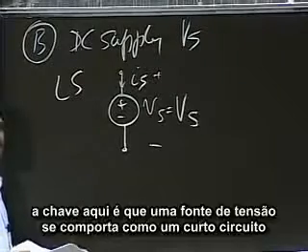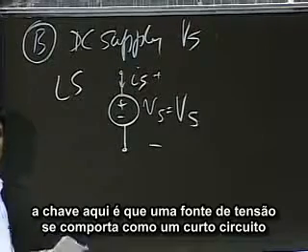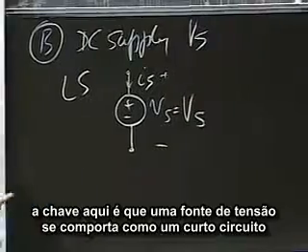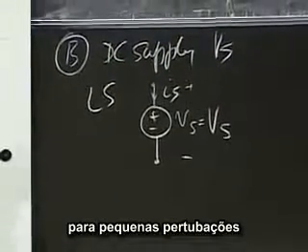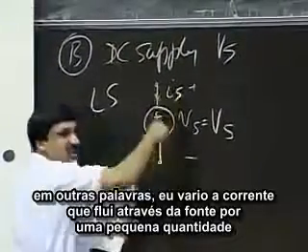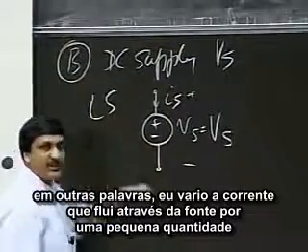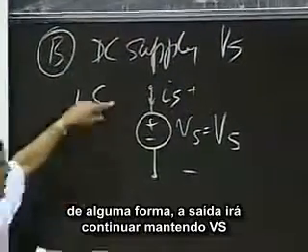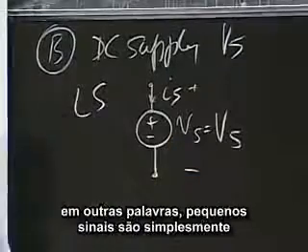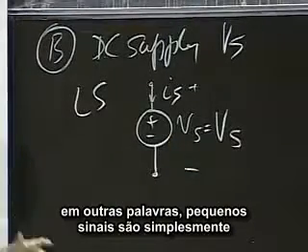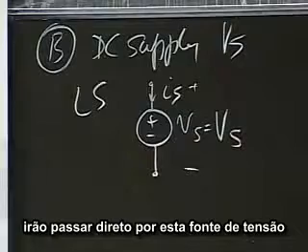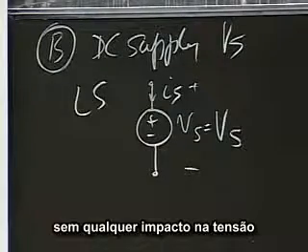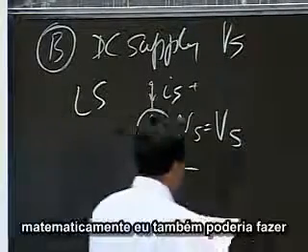A short. So the key here is that a voltage source behaves like a short circuit for small perturbations. In other words, if I change the current flowing through it by a small amount somehow, the output is still going to be held at VS. So small signals are simply going to scoot through this voltage source without having any impact whatsoever on the voltage.